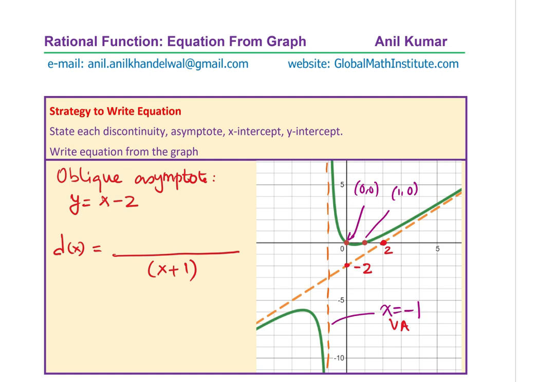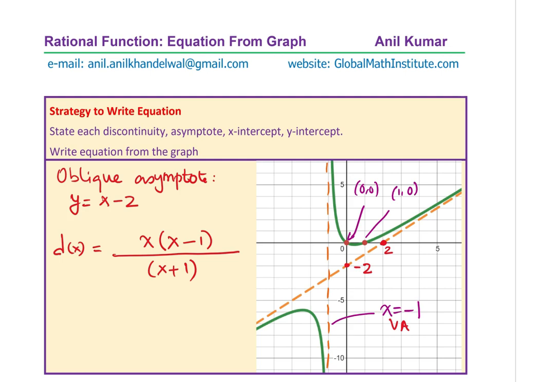Clear? Now, the degree of the numerator has to be 1 higher. We have these two x-intercepts, so clearly we have two factors in the numerator. One is x, the other one is x minus 1. So, with these two factors, we do get an equation for the given graph. You get the idea. So, that could be our rational function.